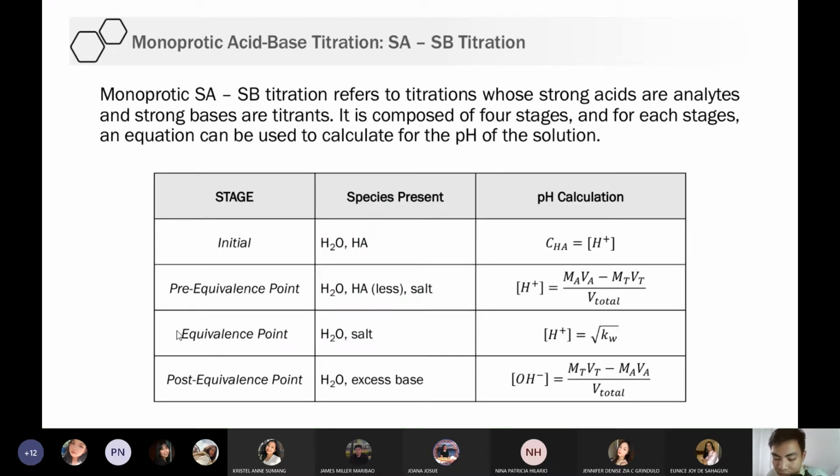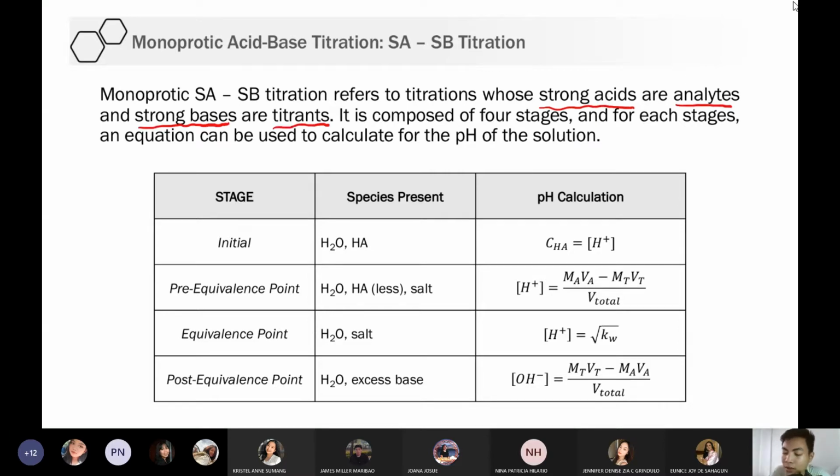So, let's start with the strong acid, strong base titration. Monoprotic strong acid, strong base titration or SASB titration refers to titration whose strong acids are analytes, and the strong bases are the titrants.